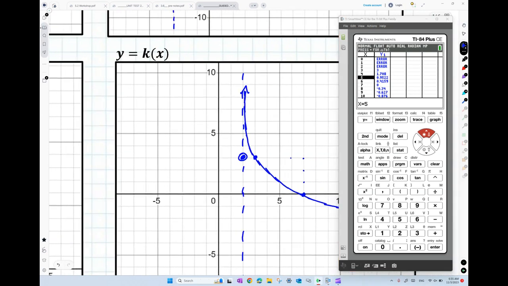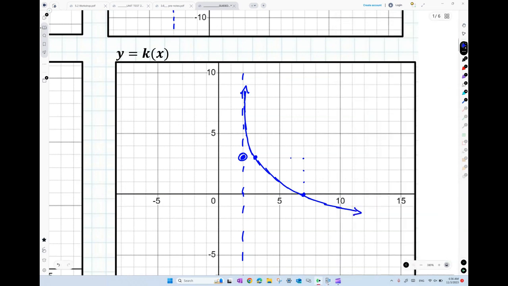If I want to go further, let's say 10, I will have almost negative 1, which is, so here, it's just below, so I can correct that eventually.